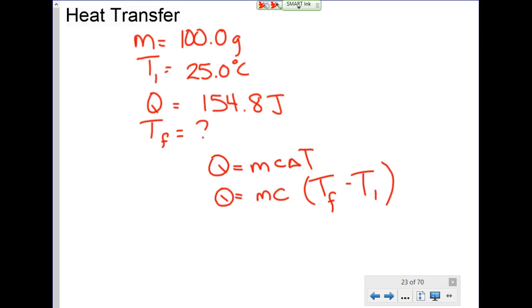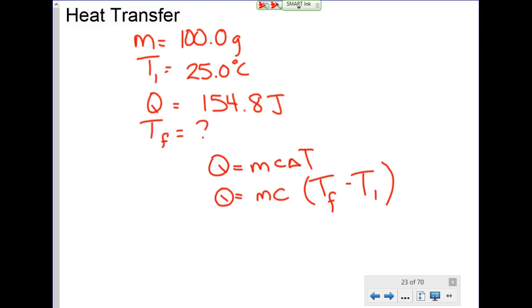We know that the formula used is Q equals mc delta T. What some people prefer to do is first find delta T. Once they have delta T, then they go to the change in temperature calculation and find out the final temperature.